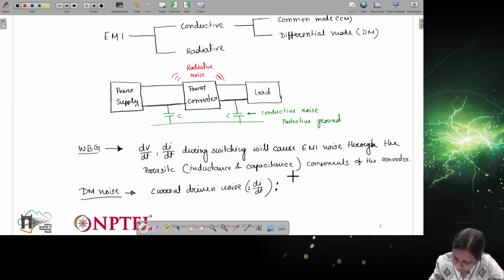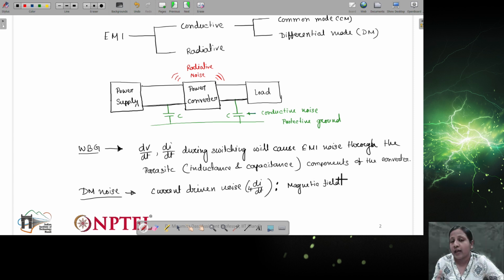the presence of magnetic field, meaning this L is basically not the actual inductor, so I can just represent this as LP, in terms of parasitic inductance. So this is due to the magnetic field. Again, this magnetic field is not from the actual inductor or the transformer which we are considering in the converter.